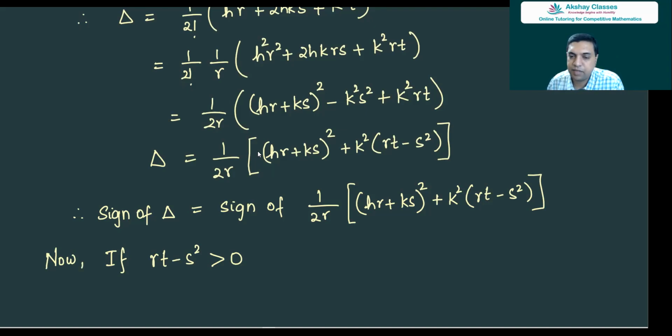Now if rt minus s square is greater than 0, then delta is less than 0 if r is less than 0. That is, f of a comma b is maximum.